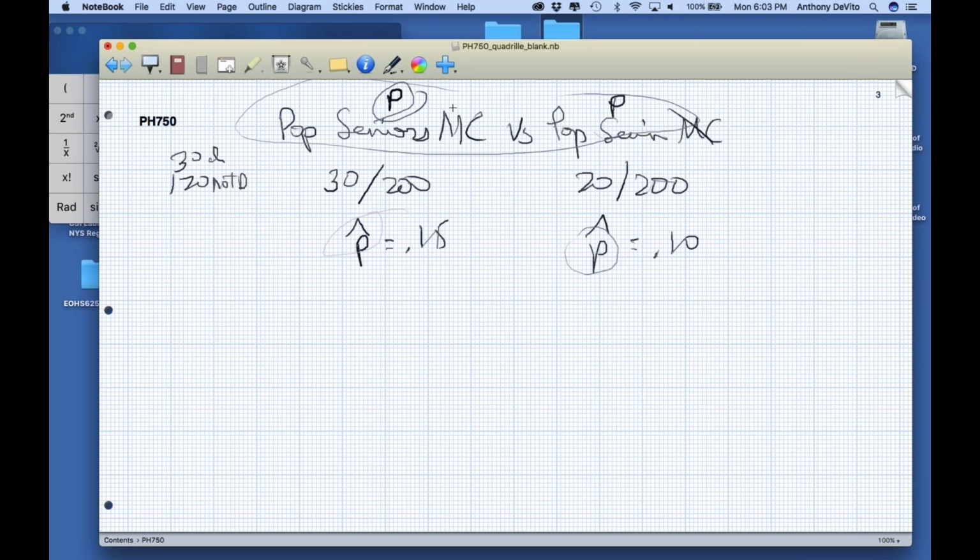So I want to compare these two, right? Well, we can compare these two exactly the same way that we compared our numerical variable. I can say, well, I want to see how far apart these are in terms of standard errors. How many standard errors apart are these two? That's going to give me a t-score if I were using a numerical variable, right?